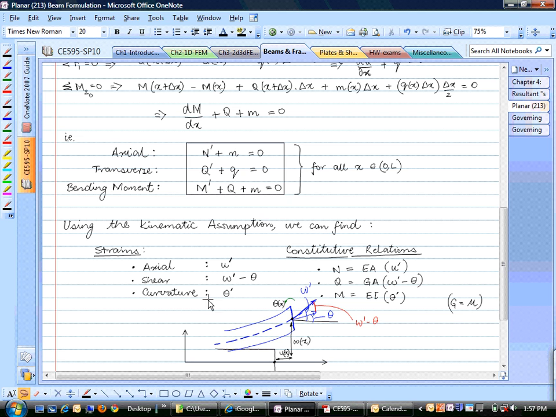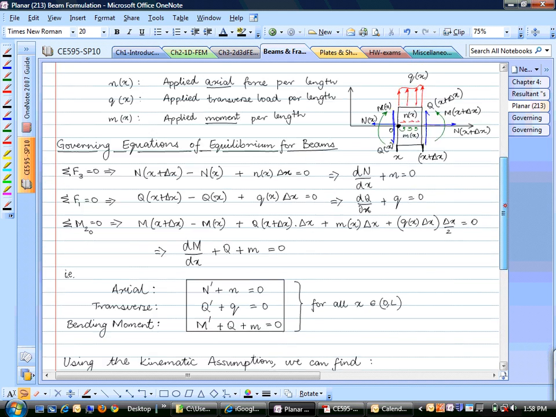If you further make the assumption that shear is 0, then W prime will be equal to theta, and then theta prime is equal to W double prime. And then you can say that M is equal to EI W double prime. But the exact formula for curvature is theta prime, and moment is related to curvature through EI.